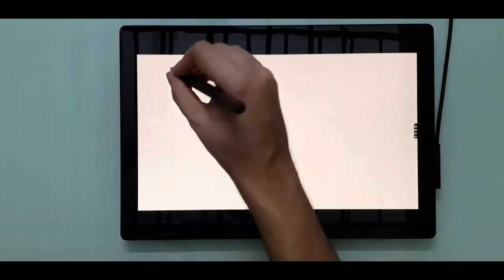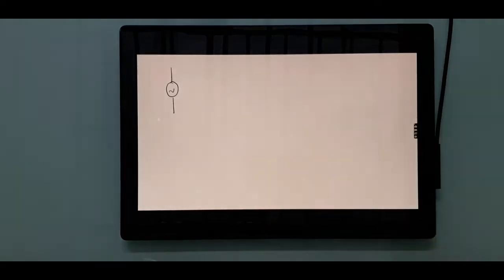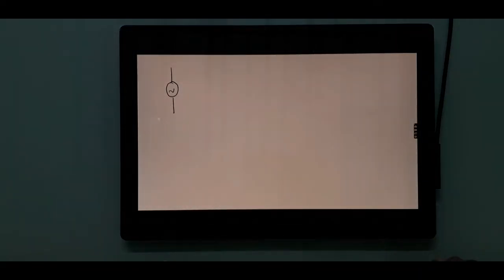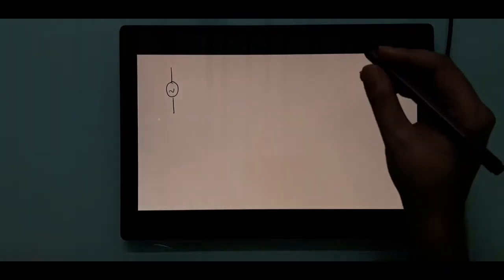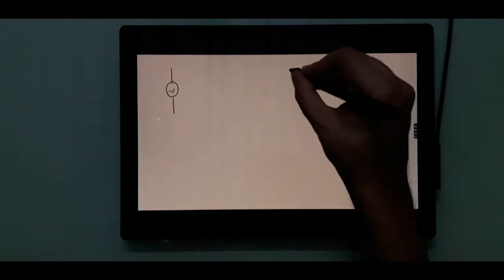I just mentioned that a current carrying conductor generates a magnetic field around it. This is something we all have learned in high school. So let's look at something that we already know.